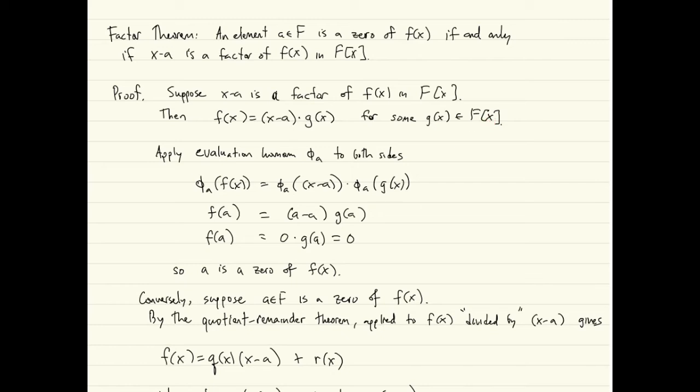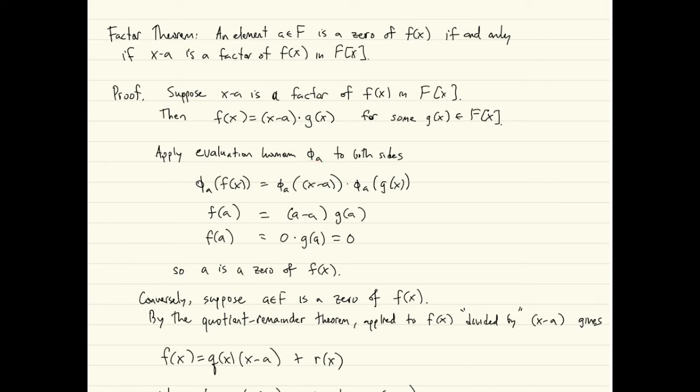Okay, and then we basically substitute x equals a into this equation. The formal, fancy way of saying that, which is what our book does, with good reason, but mathematicians typically don't say it this way, is that we apply the evaluation homomorphism phi sub a.